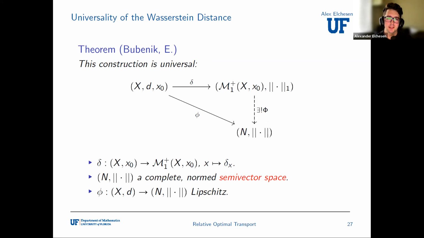Another way of saying this is that you have this functor from pointed metric spaces into complete normed semi-vector spaces, and it's universal in the sense that it's the left adjoint to the forgetful functor going the other way. So this construction is universal.